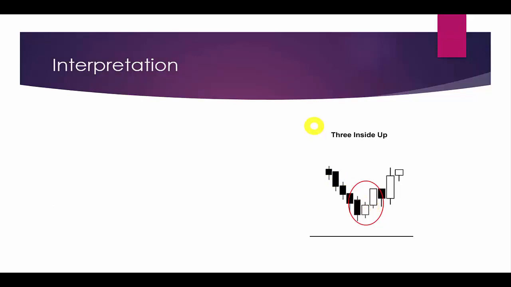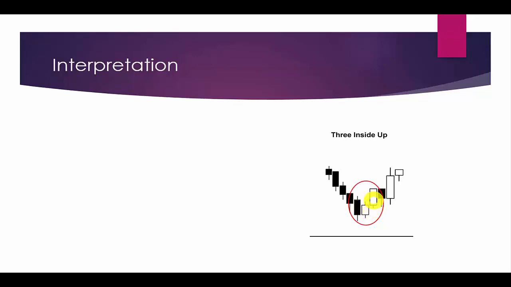It means as we already have a sell trend, a downward trend, from here bulls are coming back. This candle closed above the first one, above its midpoint. So it means bulls are getting back in the game. And this bullish candle is strong confirmation of the three inside up candlestick pattern.